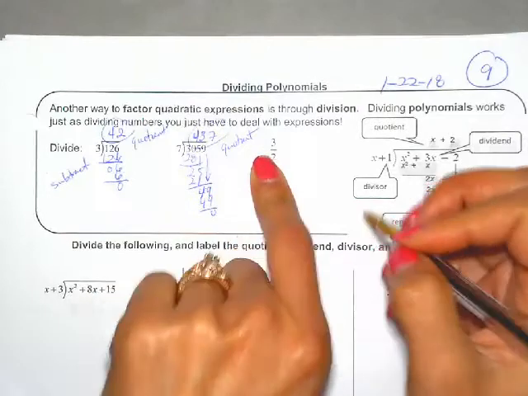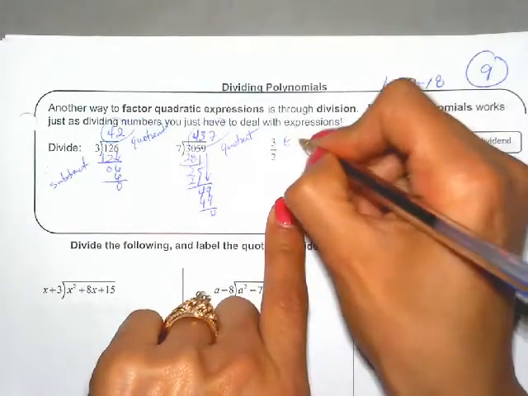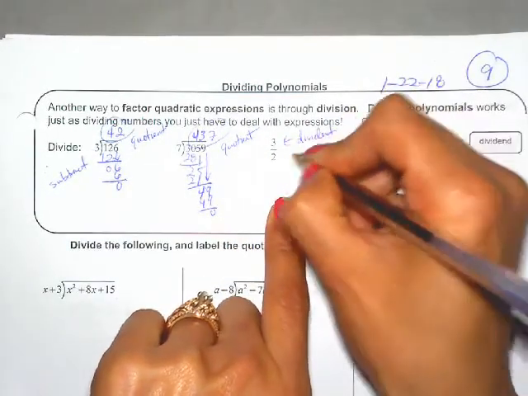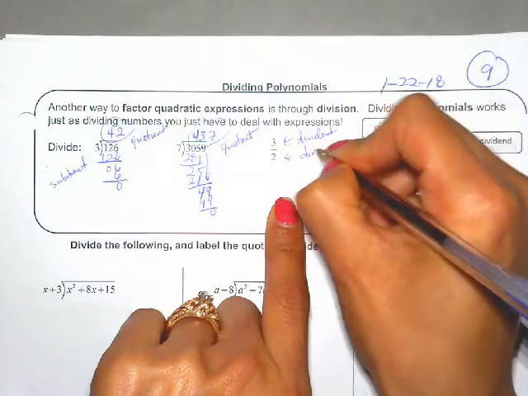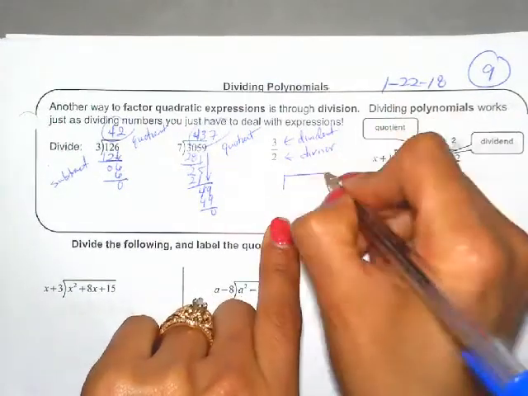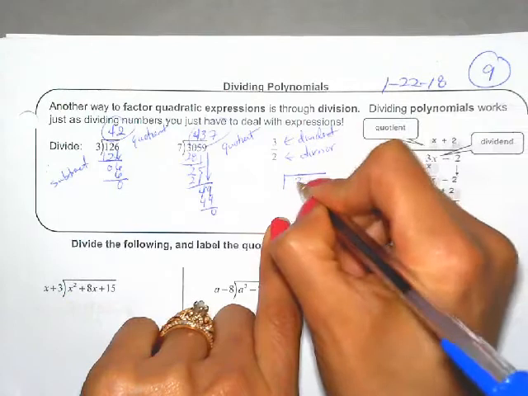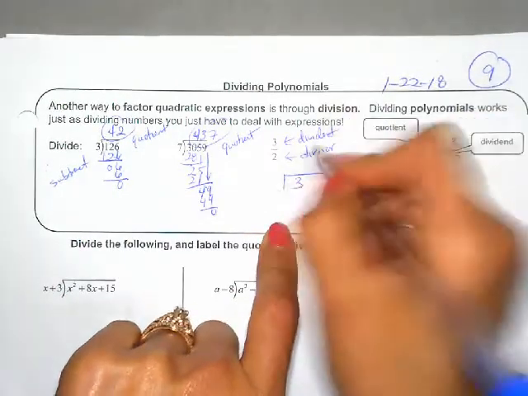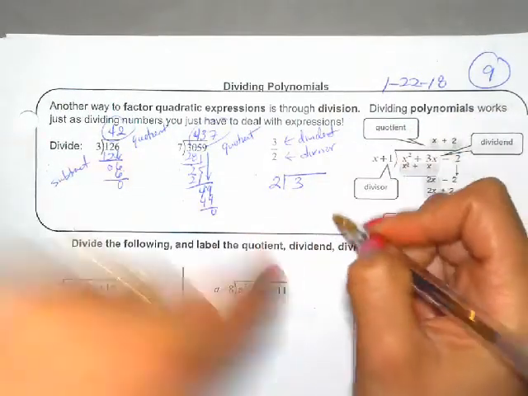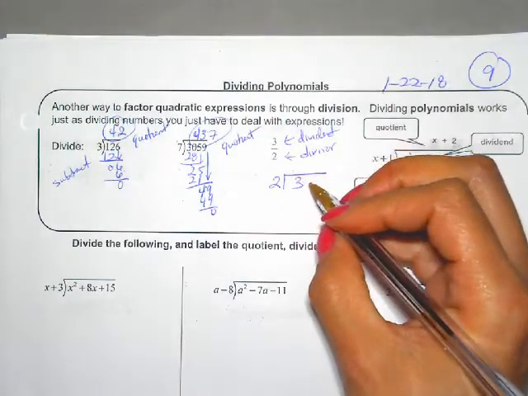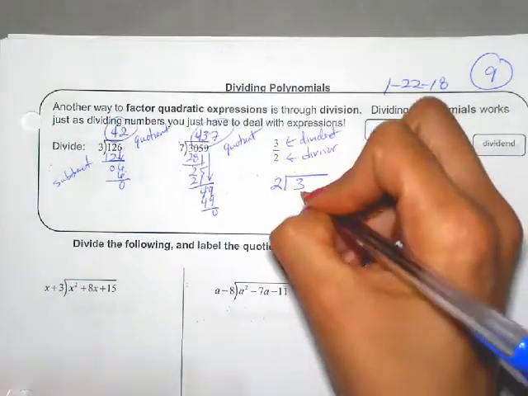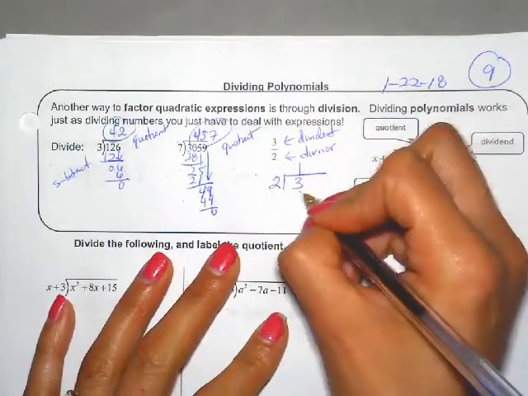When we have a fraction, the top one is our dividend. The bottom one is our divisor. So the dividend is the one that goes inside the box or the little house, and the divisor is the one that goes outside. 2 goes into 3 1 time. 1 times 2 is 2.